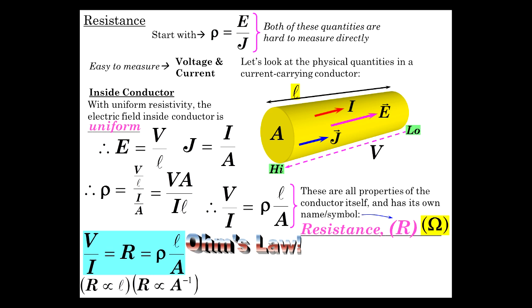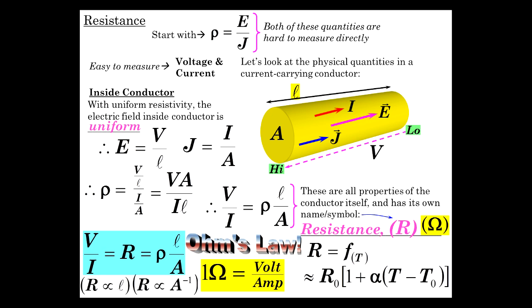So resistance is proportional to L, inversely proportional to A. So 1 ohm is a volt per amp. It's equal to volts over current. And resistance is a function of temperature just because of the non-ohmic nature of materials. So there it is. And that's a quick and hopefully fairly concise overview of Ohm's law, resistance, and resistivity.